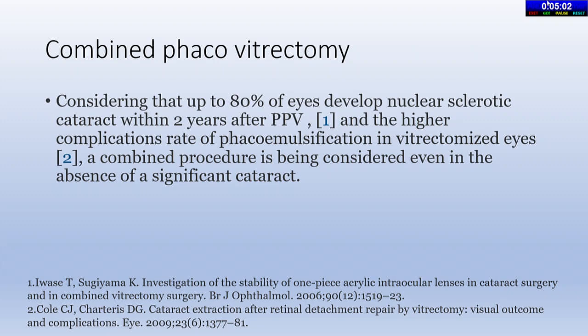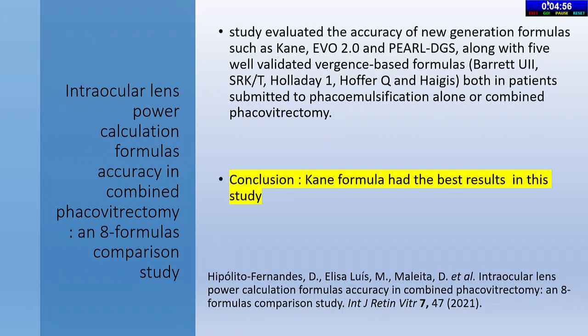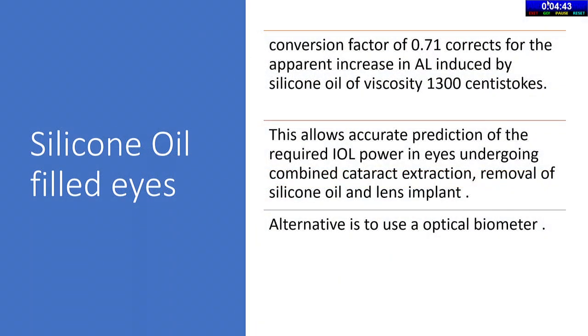In olden days, we used to use a correction factor of 0.71 in eyes which have silicone oil for accurate IOL power calculation, but nowadays even the optical biometers are giving good and accurate results, because the silicone oil will give a variable speed of ultrasound which could result in false IOL power calculation.